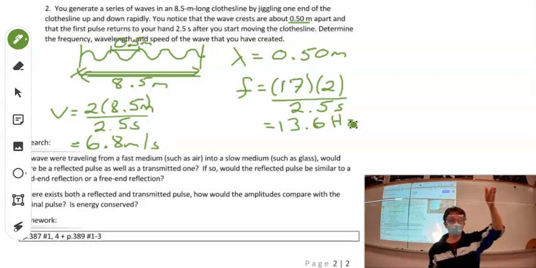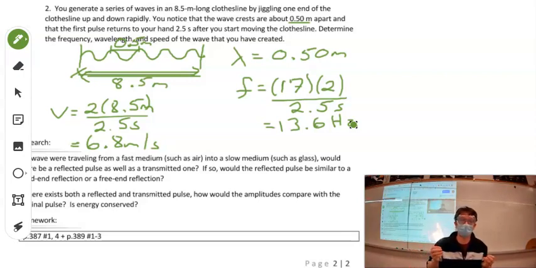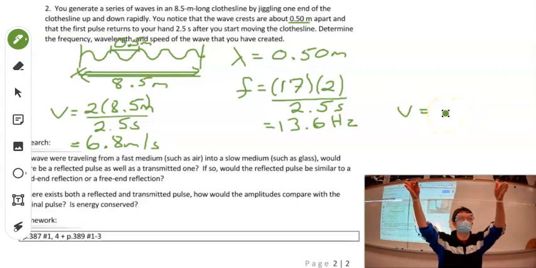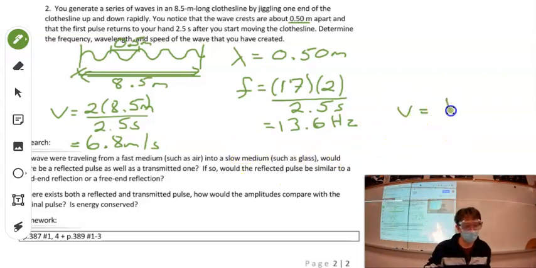Now to figure out the velocity, well, if you imagine one wave starting here and moving here, it travels a certain wavelength within that frequency, right? Or distance, if you remember, is velocity times time. So velocity is distance divided by time. In this case, I'm going to write distance over time.